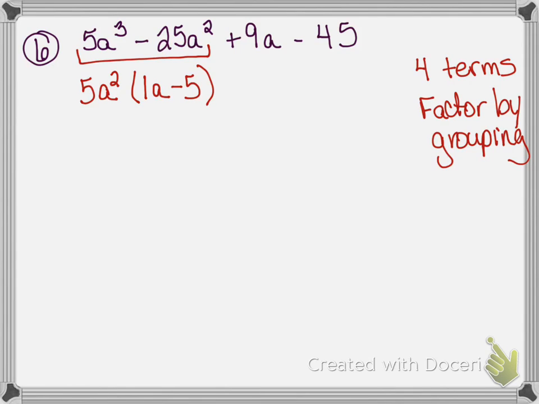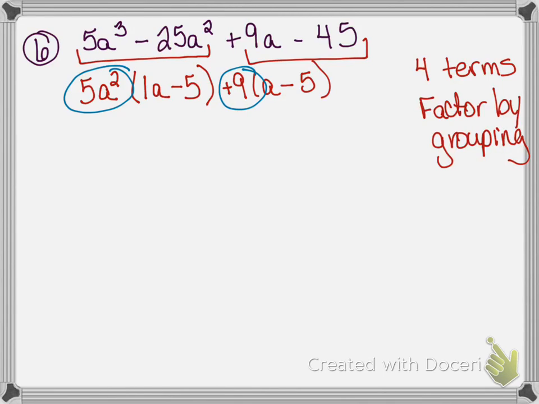Okay. Now, what comes out of 9a and negative 45? Good. It's just 9. Okay. And I'm left with a minus 5. Okay. So my final answer now is 5a squared plus 9.